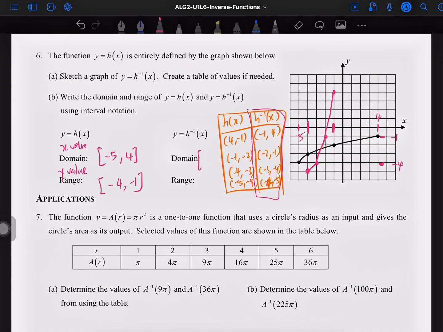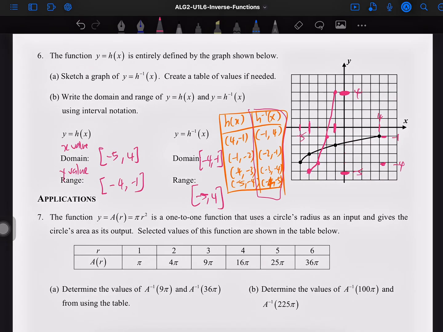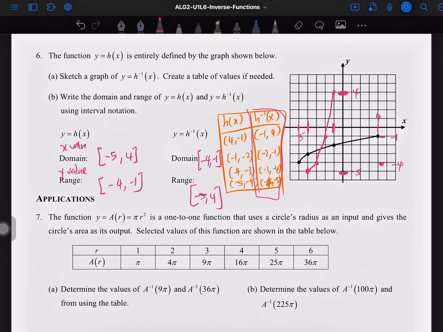So we just want to know the list of values.